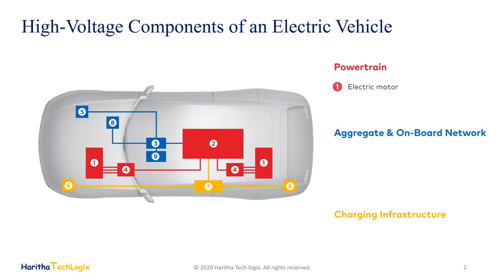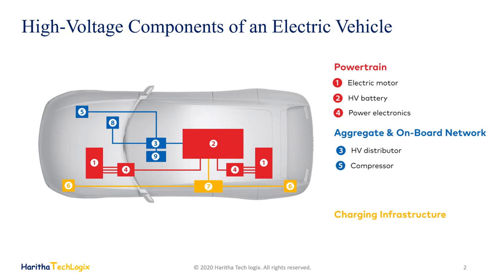Number one is the electric motor. Number two, high voltage battery. Number three, high voltage distributor. And number four, the power electronics components. For example, components like inverter and the DC-DC converter all fall under this classification. And number five, we have the high voltage compressor.